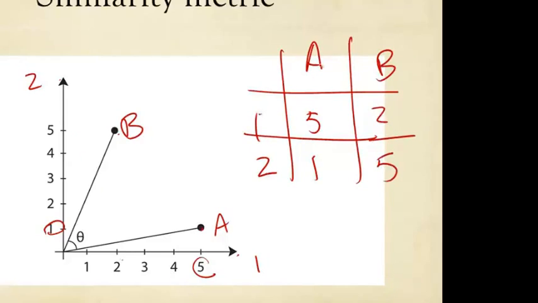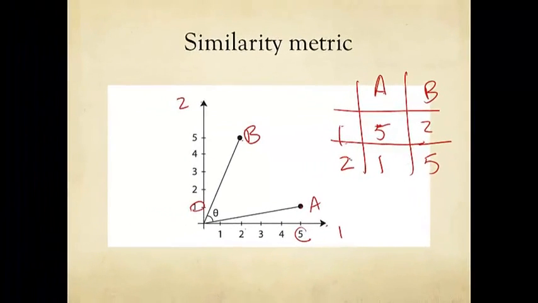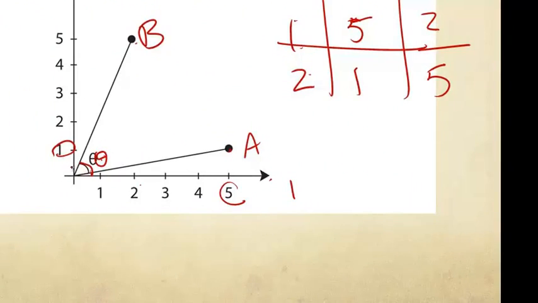As you can tell, these two movies are very different. They are basically liked or disliked in opposite polarity by these two users. And indeed, this means that this angle theta is big. What is this angle? This is the angle between two straight lines. One is the line from the origin to this movie's coordinate, and the other is from the origin to that movie's coordinate.